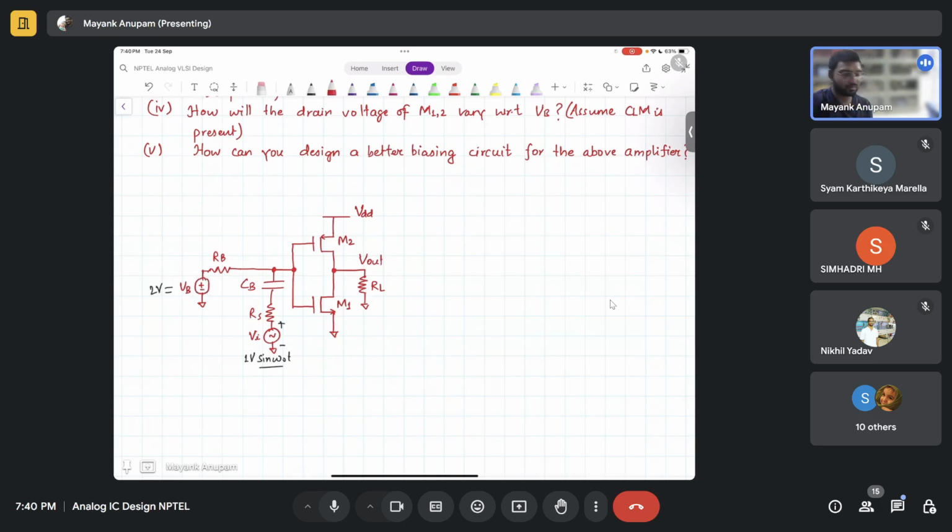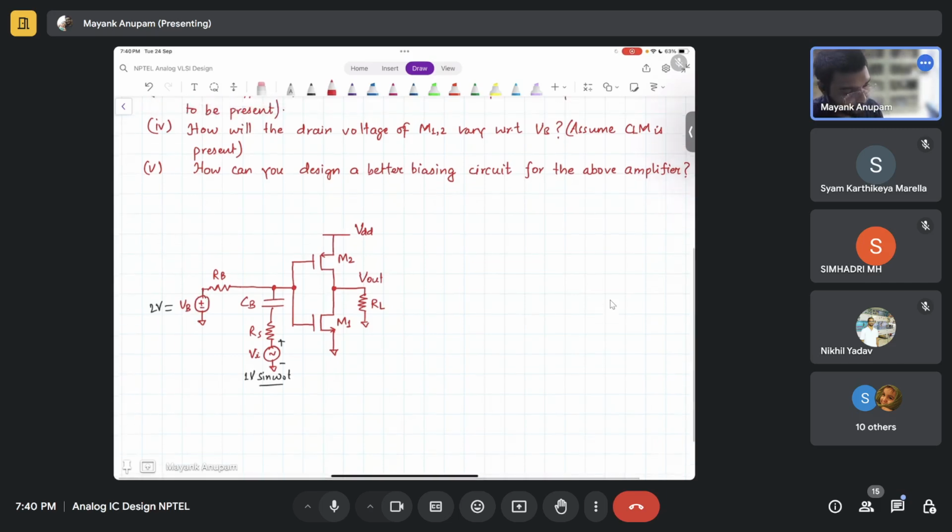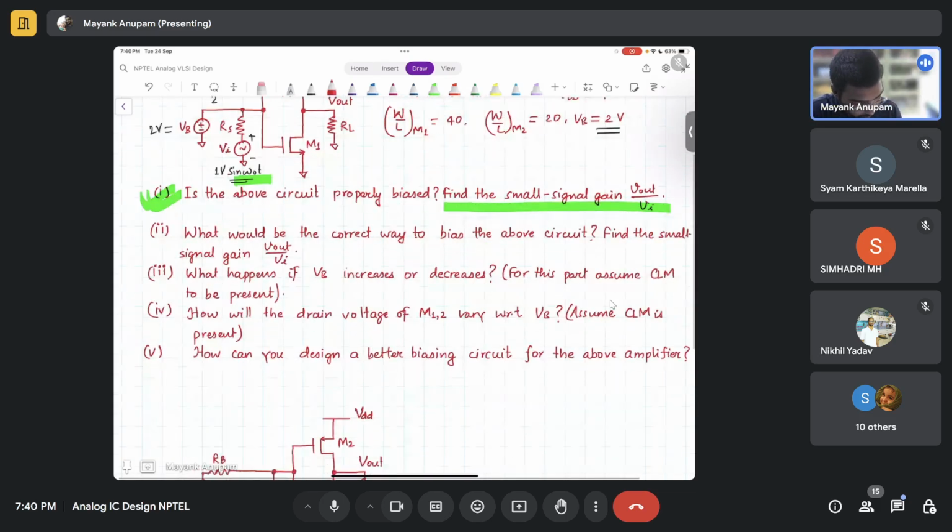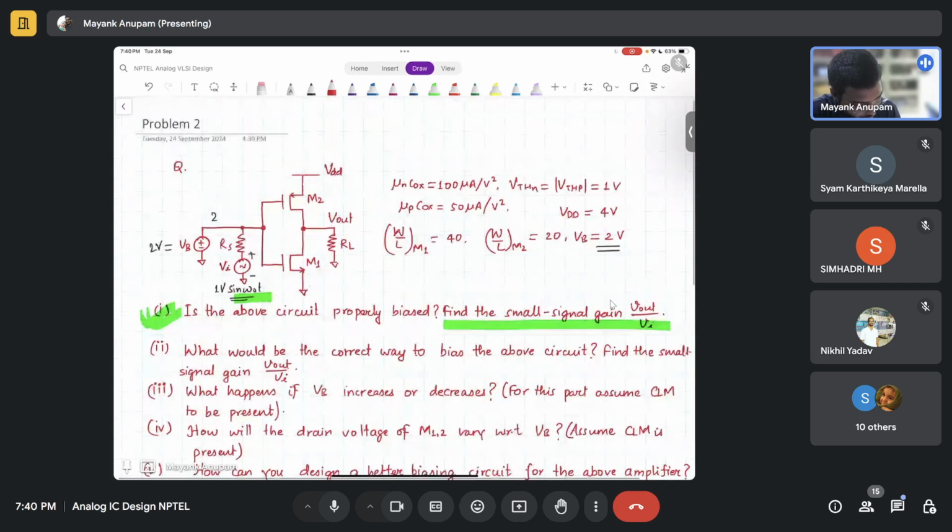You also need to understand why we made certain design decisions. This course is supposed to evolve you as a designer. So you need to also start thinking in terms of why you took a certain decision, why you placed a certain component in the circuit, as designers. Fine. So now that I solved this, try to also think.